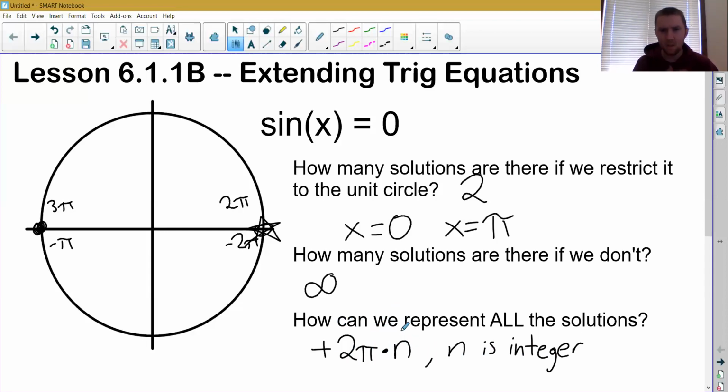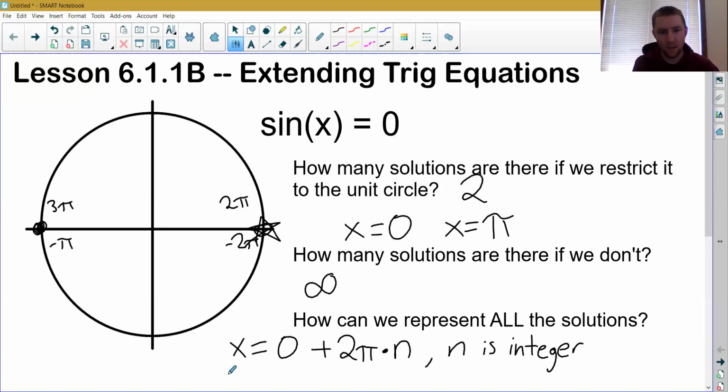So what I can do then is say one of my solutions is x equals 0 plus 2 pi times n, where n is an integer, because that gets me the first answer, and then every answer after that, going around the circle over and over again.